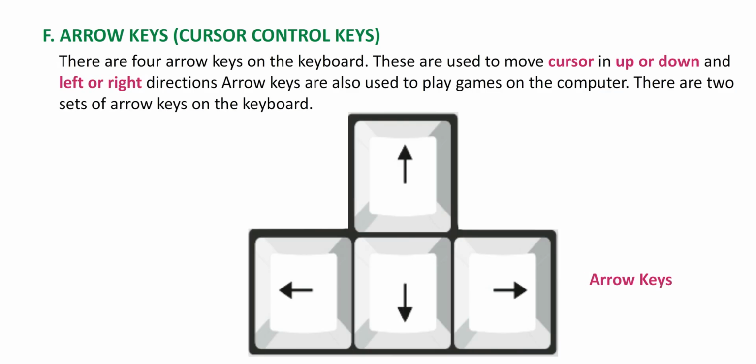F. Arrow keys, cursor control keys. There are 4 arrow keys on the keyboard used to move cursor in up or down and left or right directions. Arrow keys are also used to play games on the computer. There are two sets of arrow keys on the keyboard.